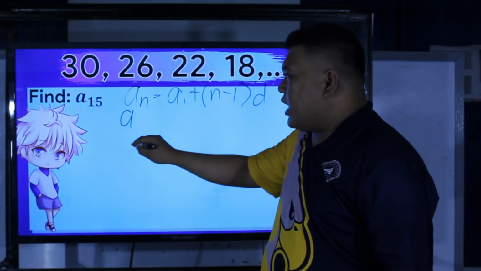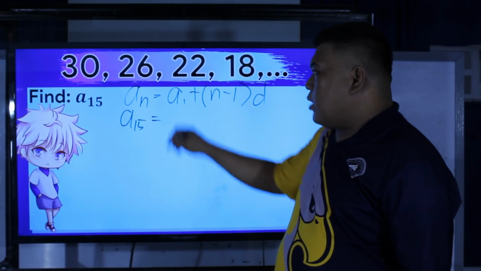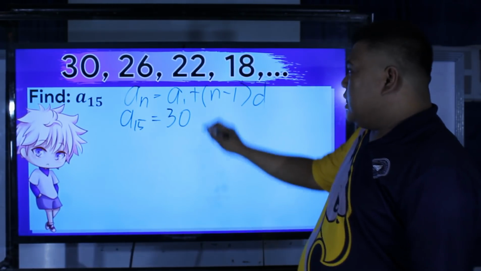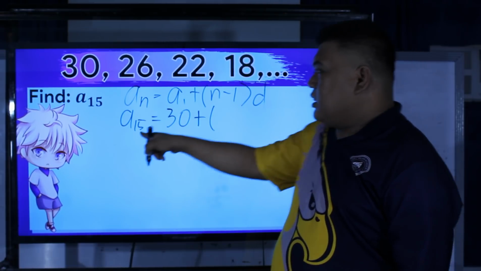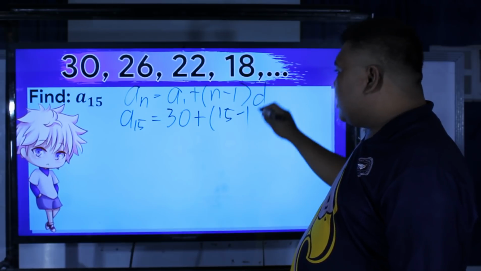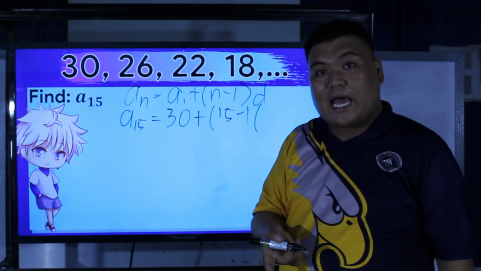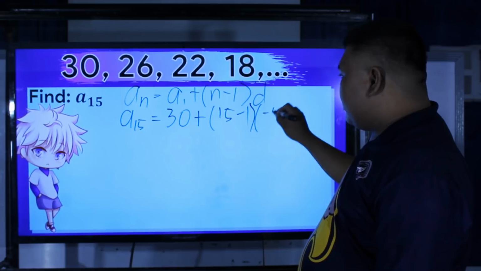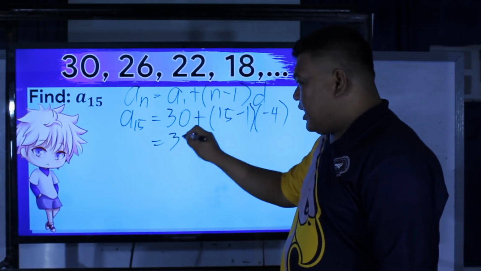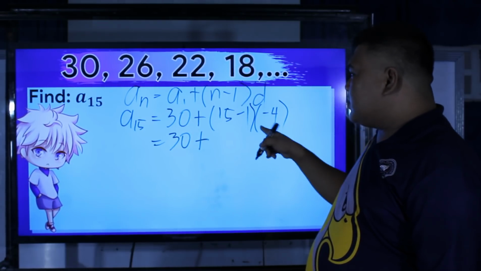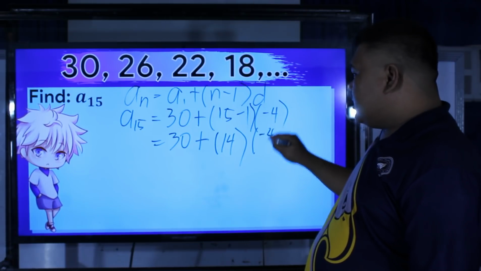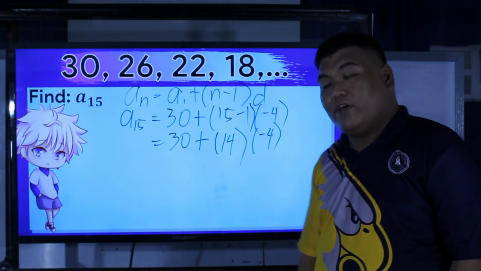So we're looking for a sub 15 equals a sub 1, the first term, which is 30, plus n, which is 15 because we are looking for the 15th term, minus 1, times the common difference, which earlier was negative 4. Following the PEMDAS rule, we have 30 plus 15 minus 1, which is 14, times the common difference, which is negative 4.